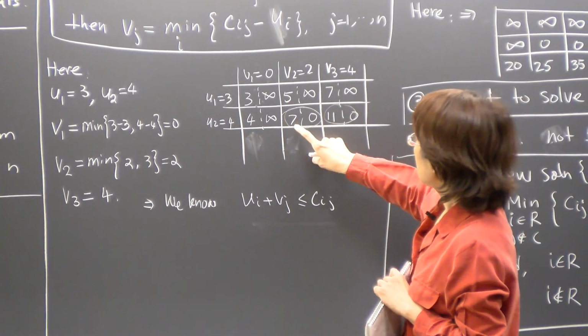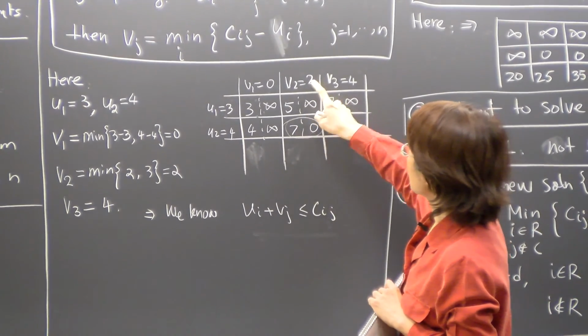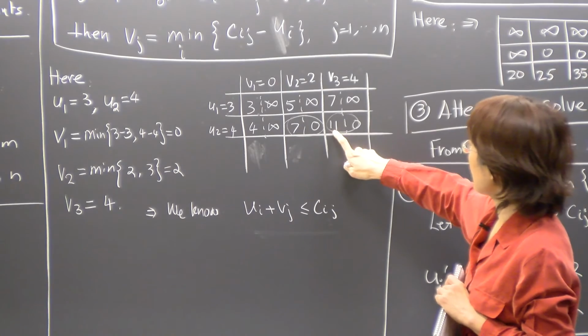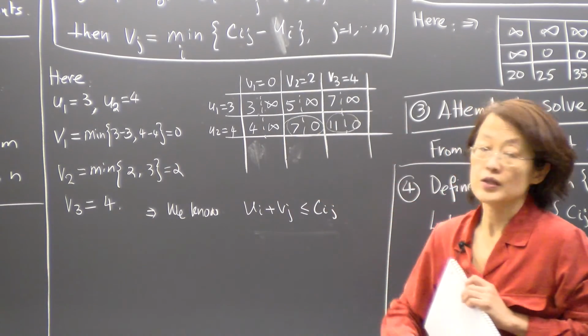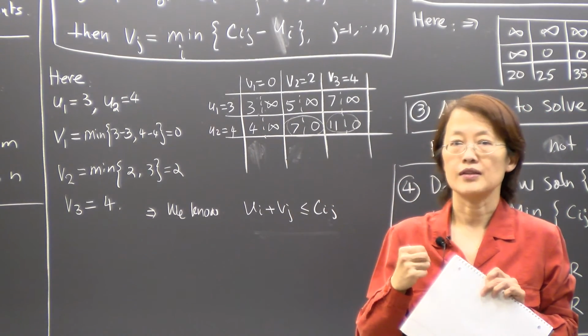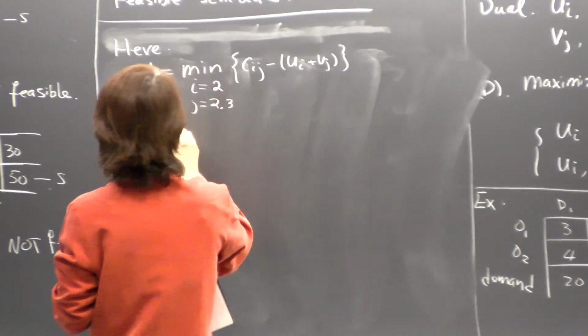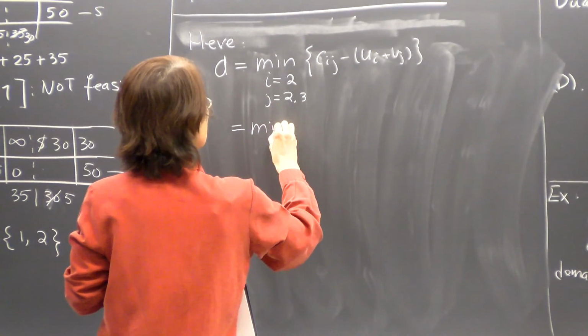So here I have 7 minus 2 plus 4, that will give me 1. And then here I have 11 minus 4 plus 4, which gives me 3. Is that right? So let me write down even with these numbers. I will be computing the minimum.